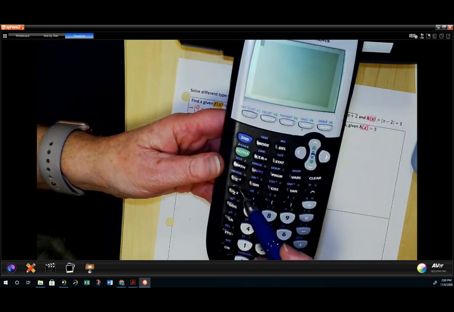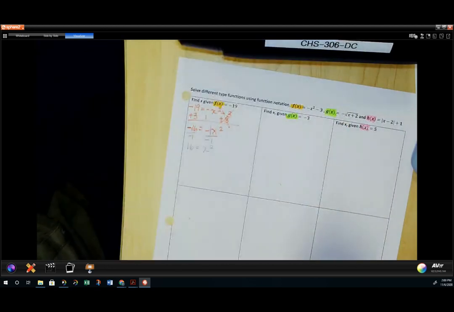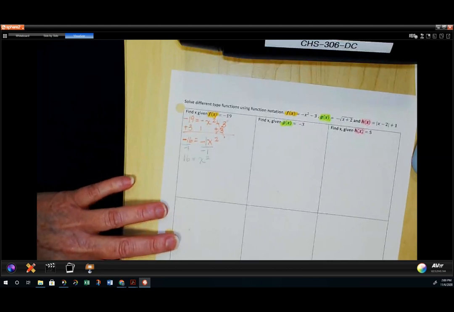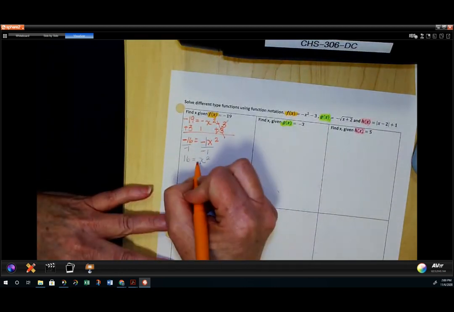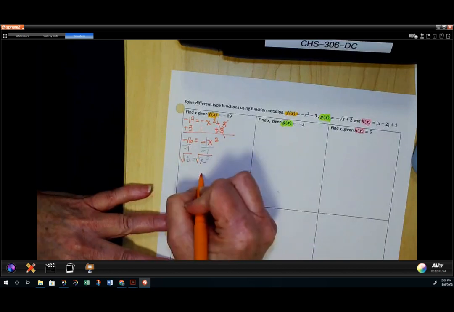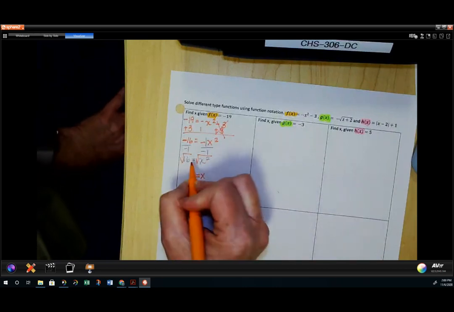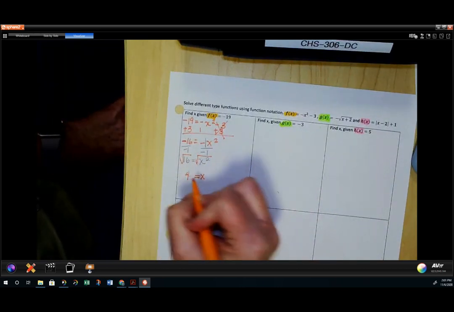So the opposite of squaring is the square root. So to undo this process, we have to take the square root. Now this is where your calculator is not very bright, and you got to be brighter than your calculator because this gives you 4.